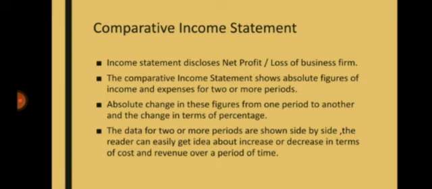So with the help of this column we can easily identify whether there is an increase or decrease in the amount of sales, and in the form of percentage, whether the sales have increased or decreased. So in this way, for each and every item of the financial statement, comparison will be done by placing them side by side, and the percentage also will be calculated, and that combined statement is called a comparative income statement. Okay.